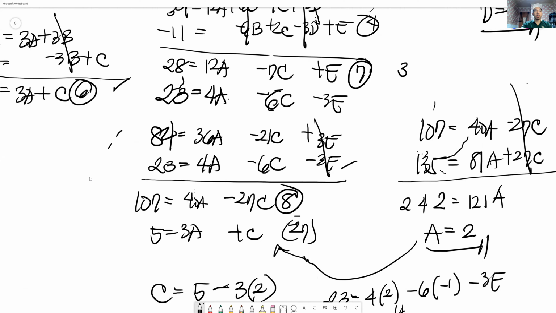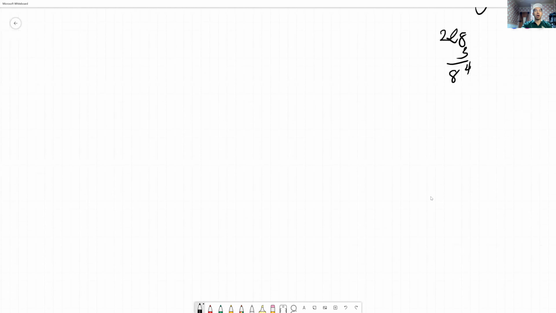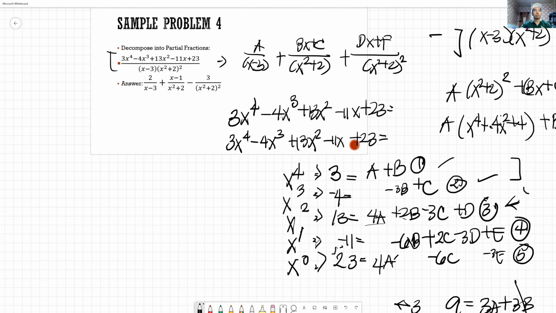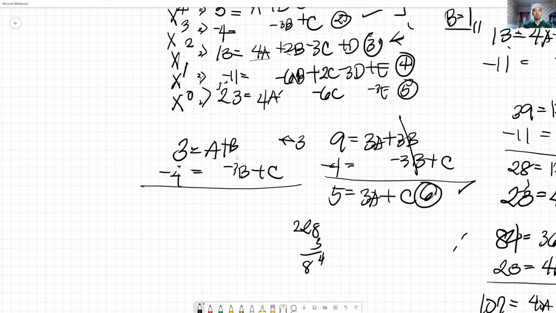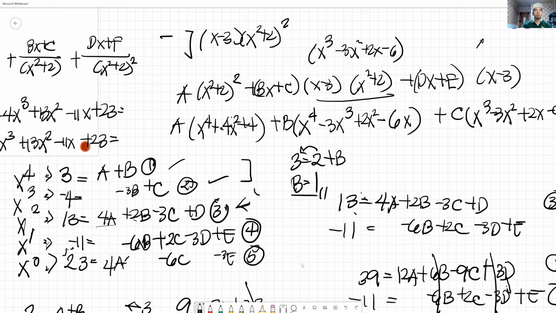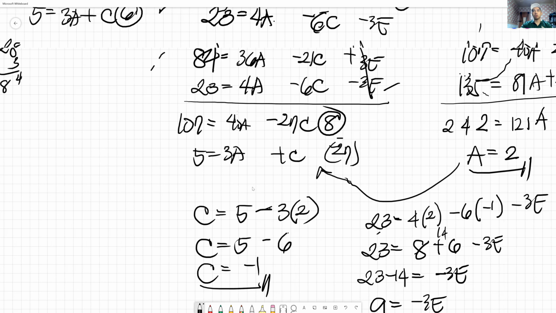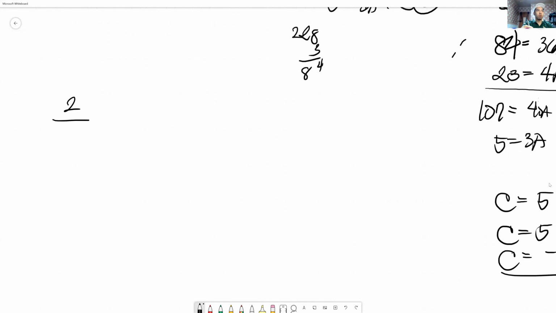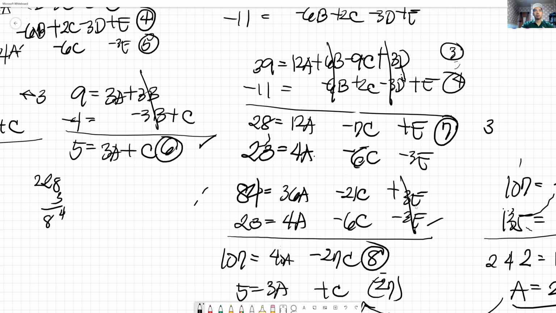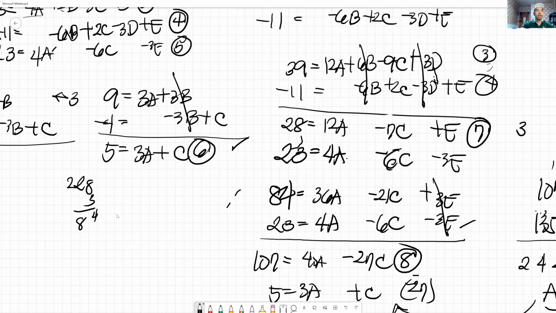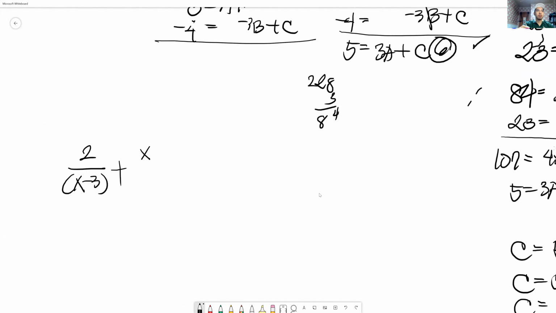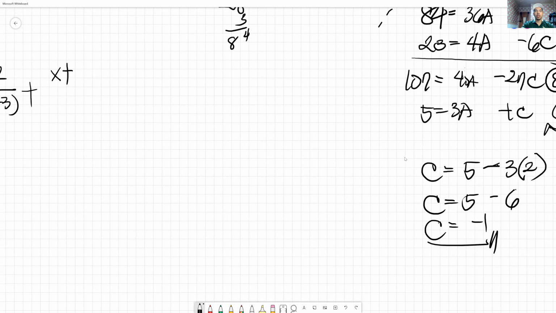Therefore, the decomposition of the equation would be equal to our A over x minus 3, where the value of our A is equal to 2, so 2 over x minus 3, plus our B equal to 1 times x, so that would be x, plus our C equal to negative 1.